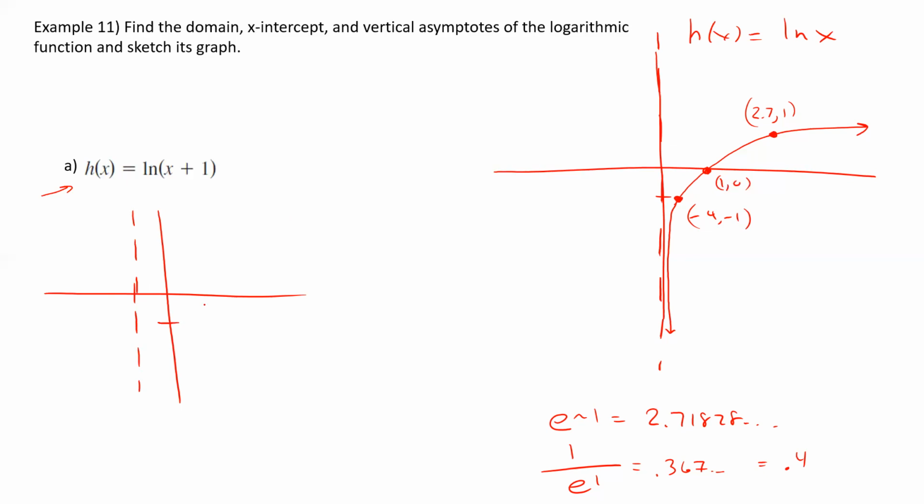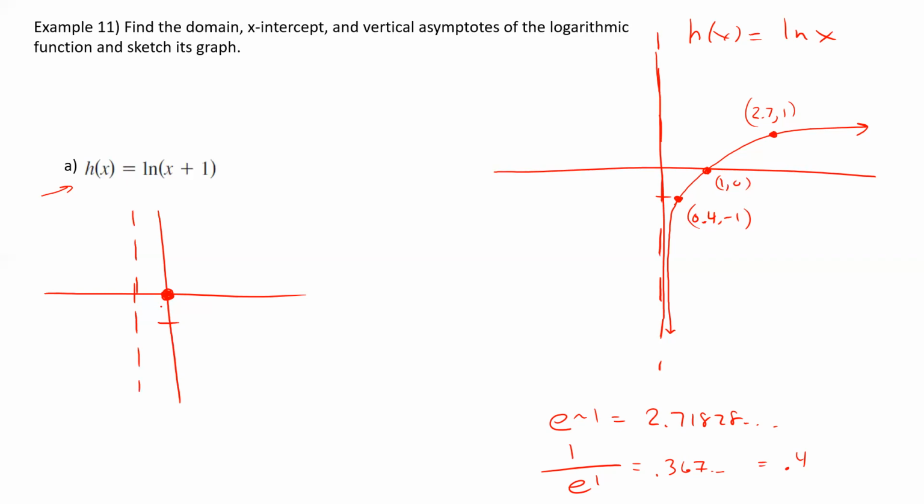Sorry, class, let me put 0.4 because it'll be easier to think about. All right, what happens here when you scoot this back 1 unit? The 1, 0, that's the easy one. 1, 0 becomes 0, 0.